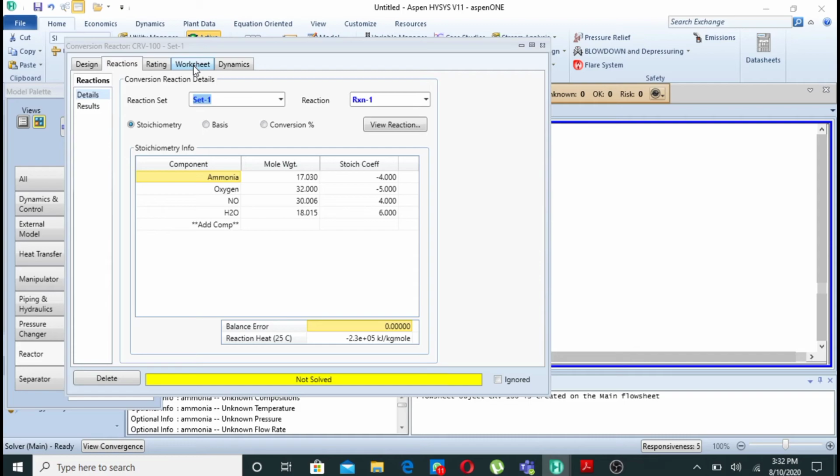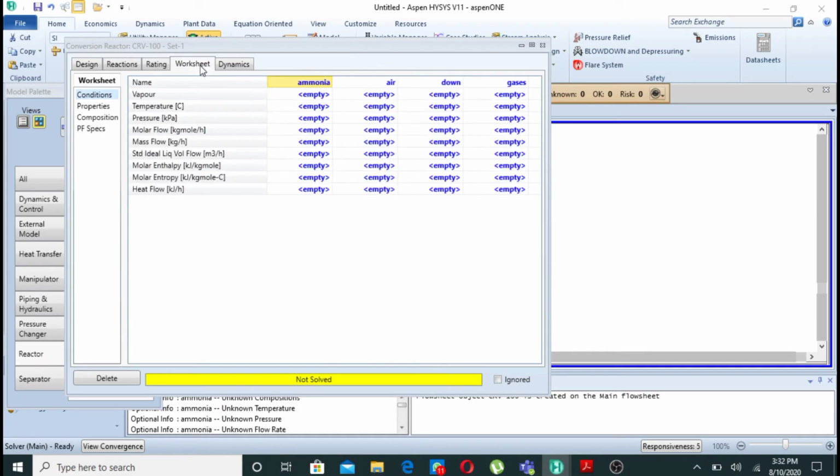In every stream you have to define in Aspen HYSYS three basic things: the temperature, pressure, and flow rate with composition. So I will go and write these, and we will see whether it solves our problem or not.